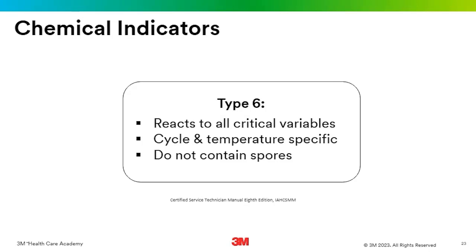So if you happen to use a type 6 that was designed to have a 10-minute exposure change time only, and you put it inside of a 4-minute exposure load, it's not going to change. And it may look like your sterilizer load has failed. So that's just a baseline example of your type 6 emulating indicators.